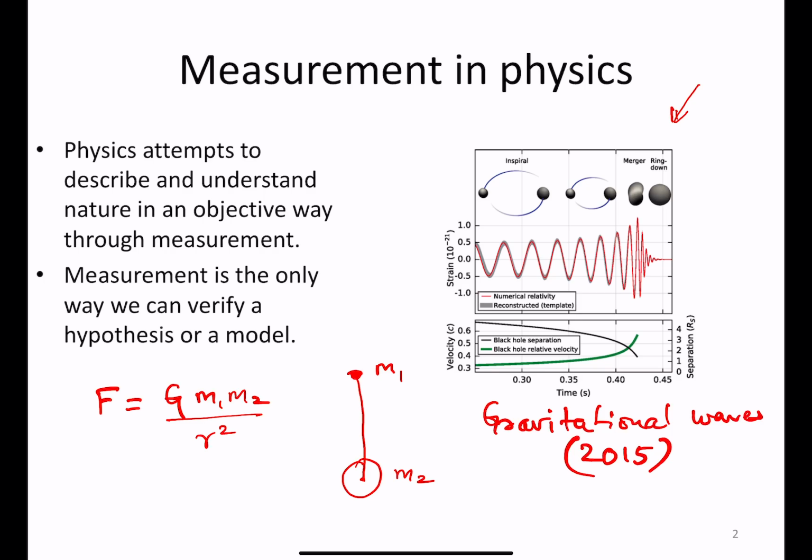Now you might have seen this equation. This is called Newton's law of gravity. But if you've not taken physics before, you've probably never seen this, and that's absolutely fine.